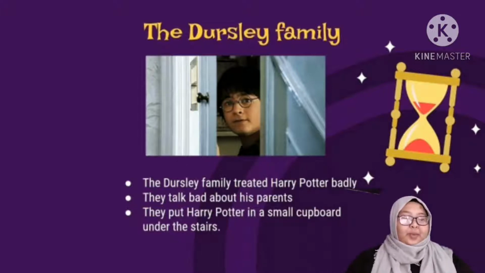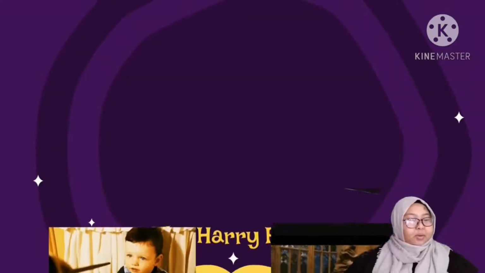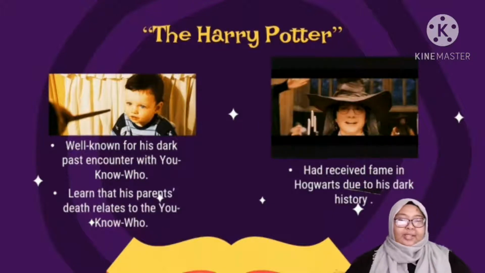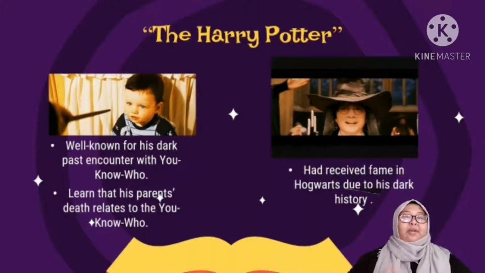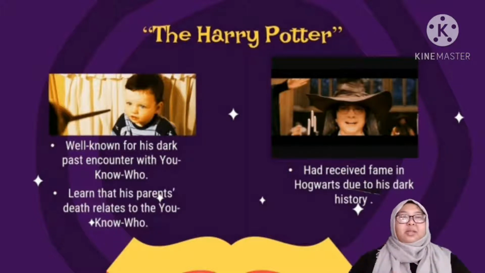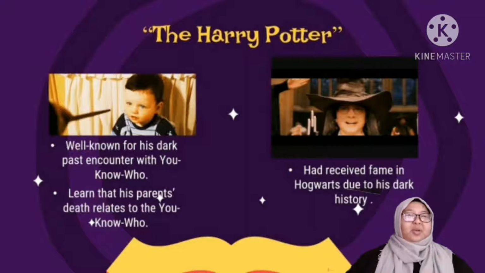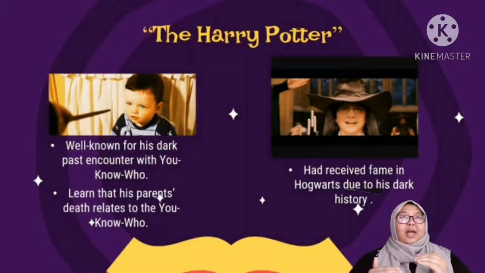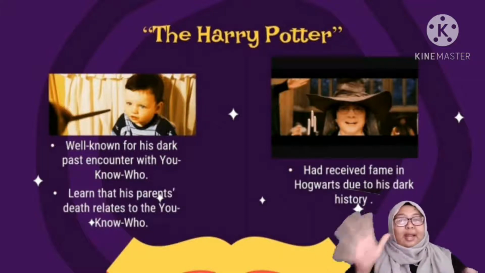So the next proof that can be taken from the movie and the book is Harry Potter. As you have seen from the movie and have read from the text, despite knowing his background stories regarding his parents' death, and his history with You Know Who, Lord Voldemort, he had been receiving some fame throughout his Hogwarts life.